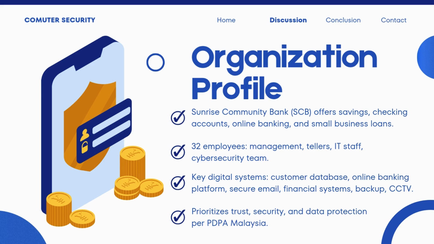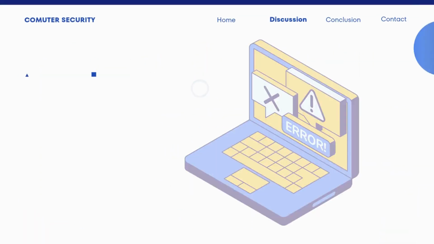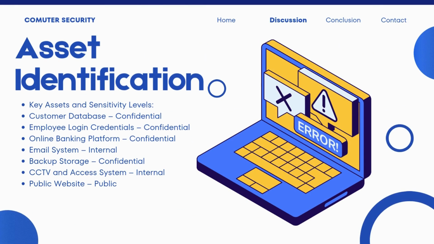And next, let's look at asset identification. In this section, we identify the key digital assets used by Sunrise Community Bank and classified them based on sensitivity. The confidential assets include the customer database, employee login, the online banking platform, and backup storage.